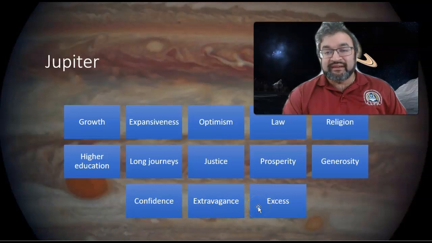Interesting planet, because there are some very positive adjectives for Jupiter, and then some that are negative.